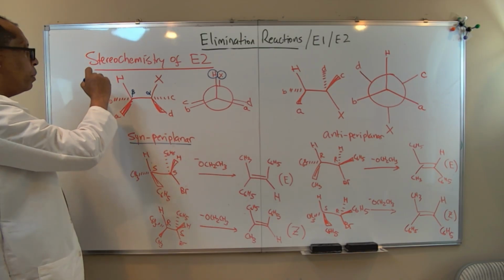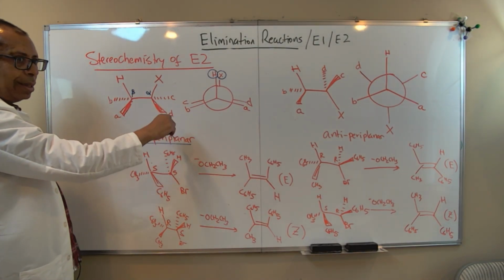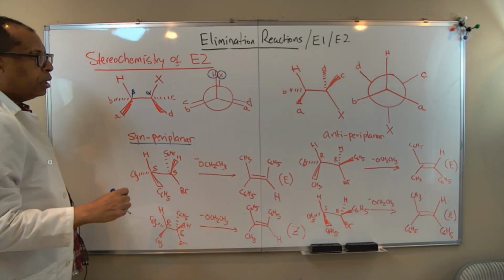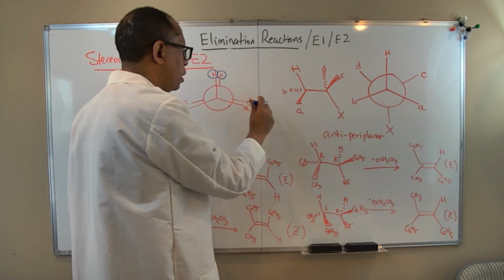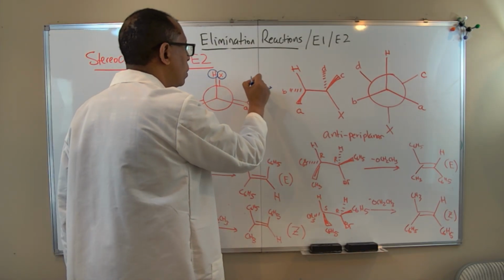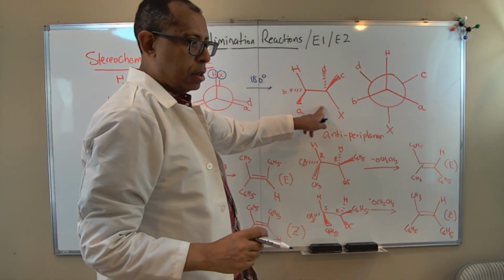When a base comes in, this has to be in the opposite direction. So if you rotate this by 180 degrees, you would have something like this.